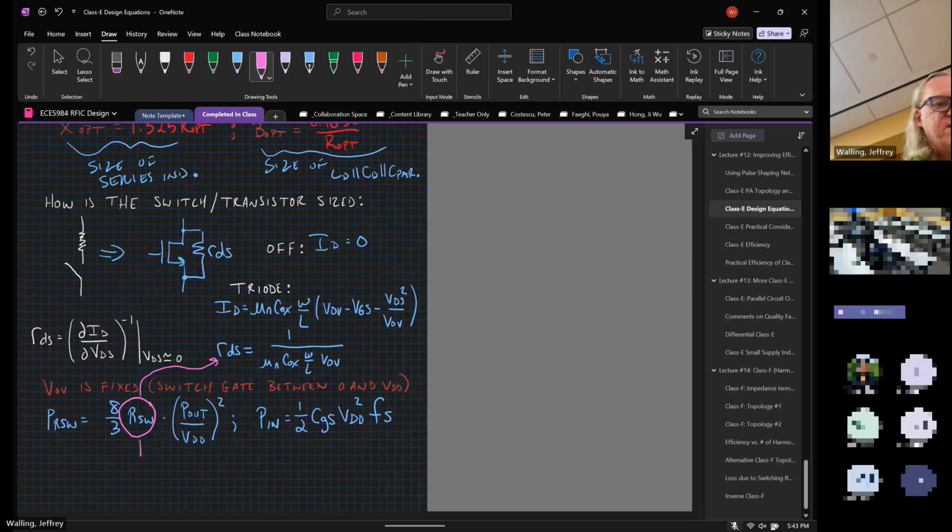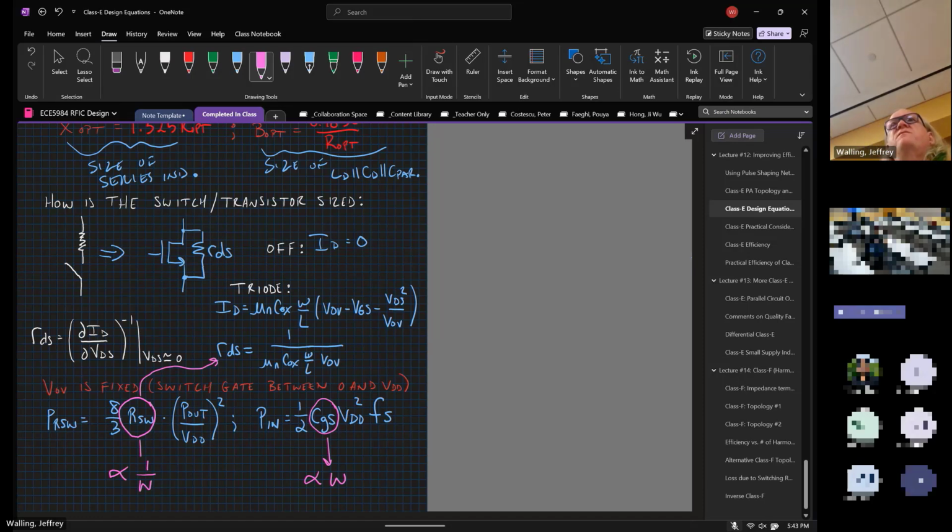Okay, so this resistance is proportional to 1/W, and this capacitance is proportional to W. And so that kind of tells you that there's going to be an optimal size for the switch.